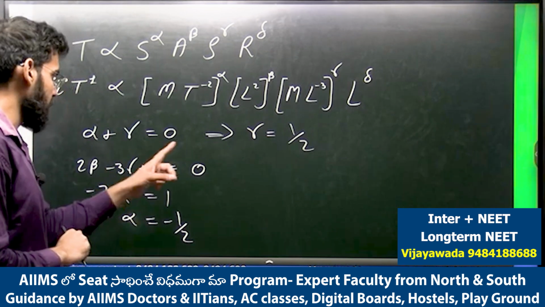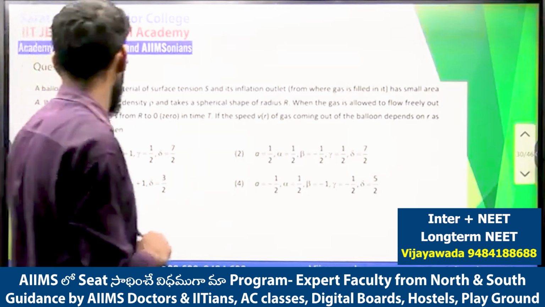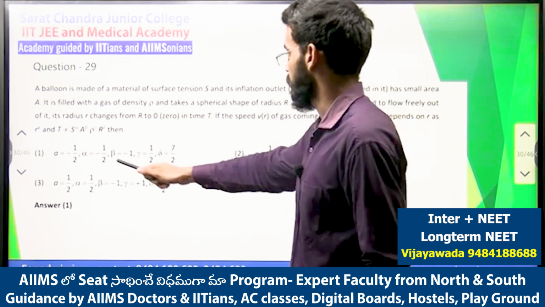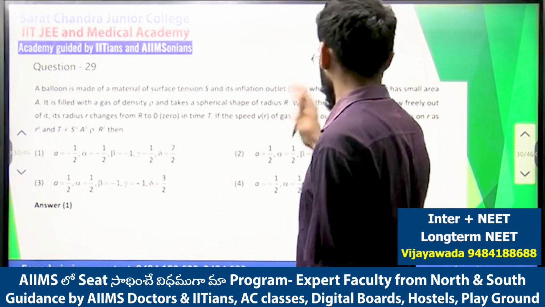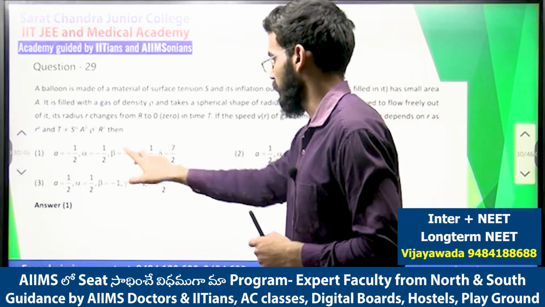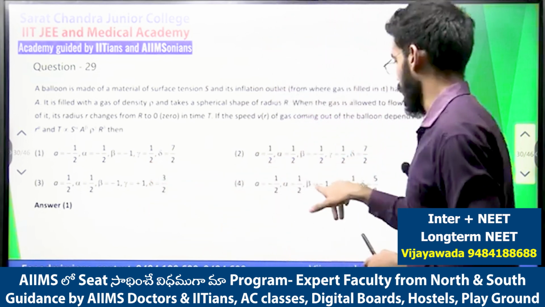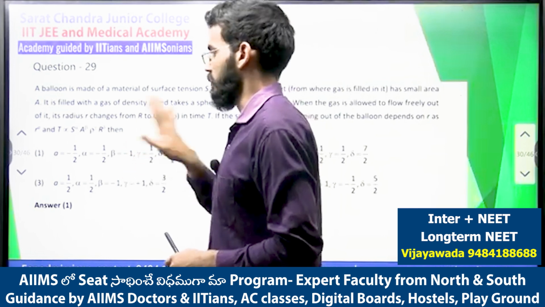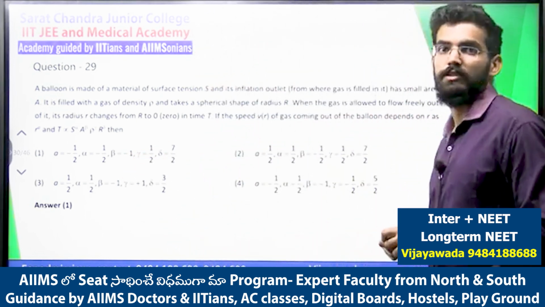Gamma you know is 1 by 2, so beta and delta you go with the options. Beta ones take minus 1, 7 by 2; minus 1, 3 by 2; minus 1 by 2, 7 by 2; and minus 1, 5 by 2. Only this condition will satisfy here. So that's it, the first option came as the answer. That's how the answer will come, by the unit and dimension.